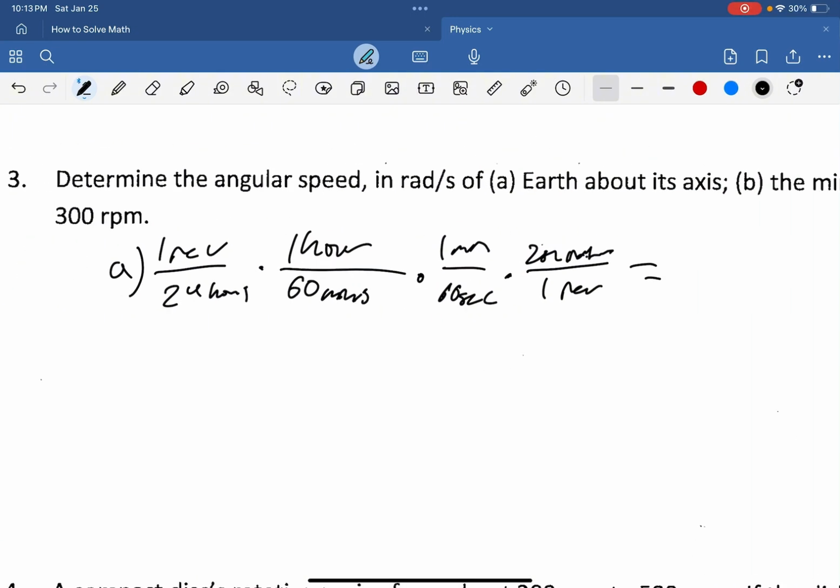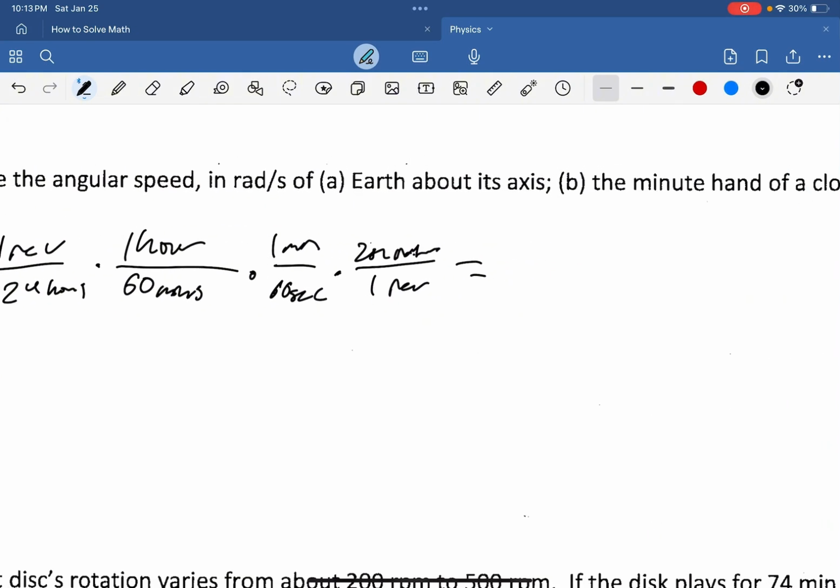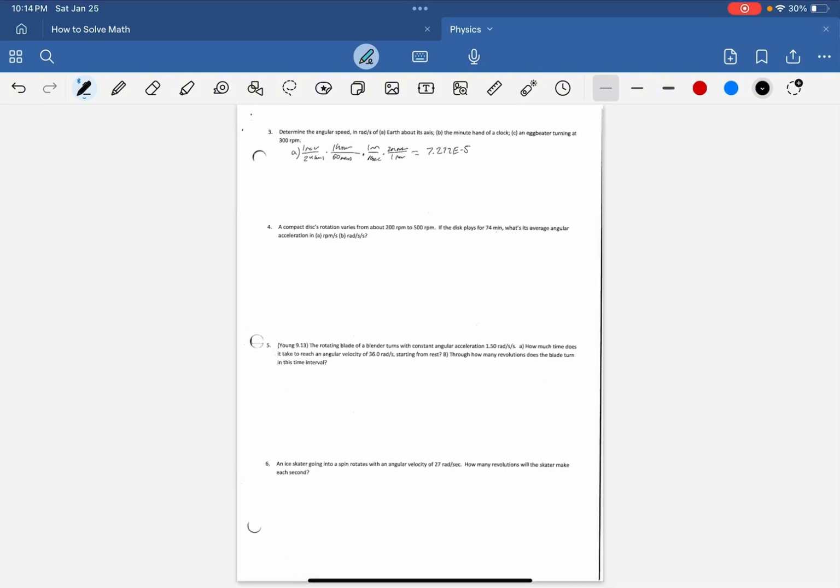So this should be, pull out your trusty calculators. 2 pi divided by that. There we go. This should equal 7.272 e to the negative 5.